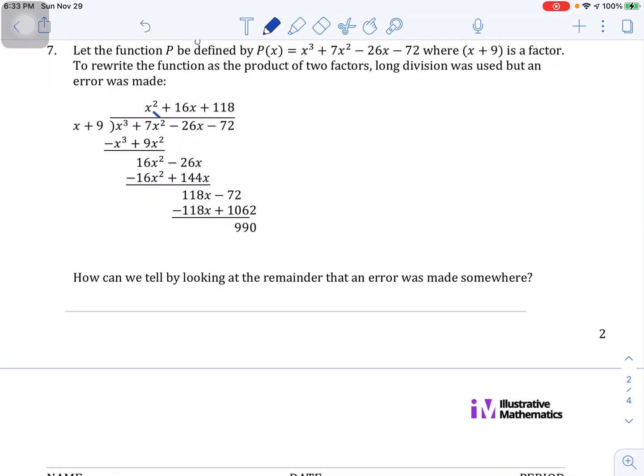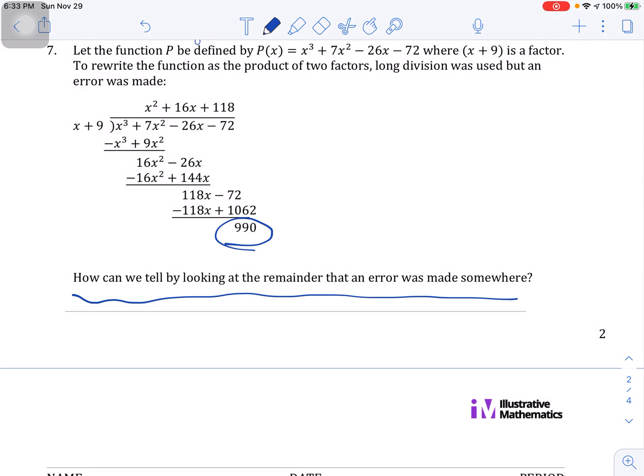Number 7, it tells us that for p of x, x plus 9 is a factor. And to rewrite that function as the product of two factors, long division was used, but an error was made. And so now the question is, how can we tell by looking at the remainder, 990, that an error was made somewhere?